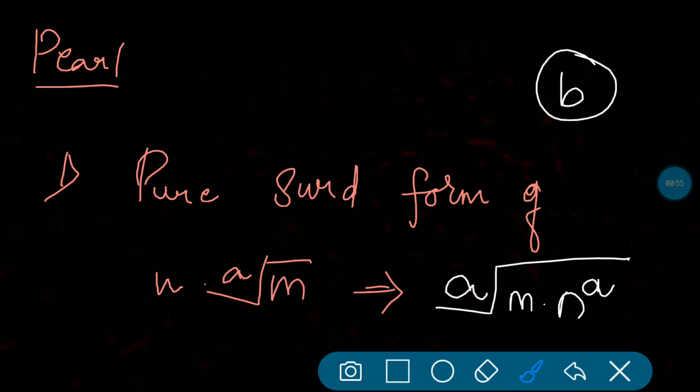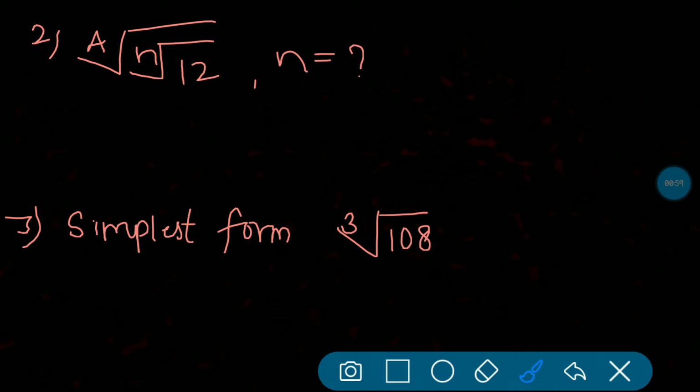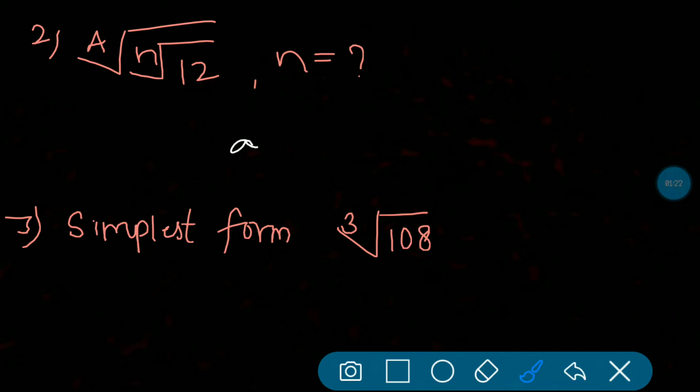Second question, we'll look at it. Now Pearl pack, second question. If the fourth root over nth root over 12 is a surd of order 12, then what is the value of n? Now how do we do this? When there is something like the eighth root of the bth root of c, obviously we can write it as a multiplied by b root over c. This was a law of radical which we have already discussed.